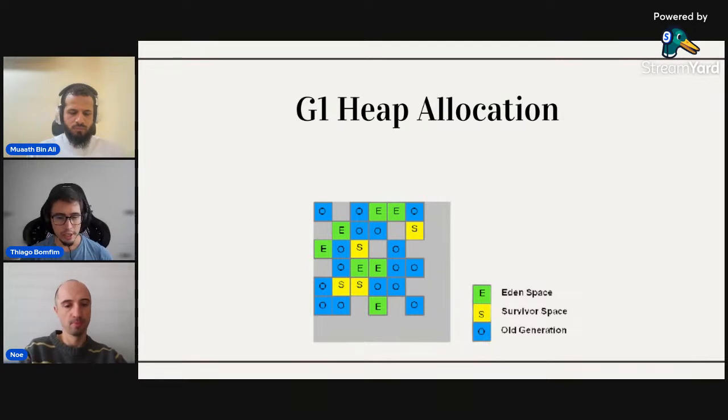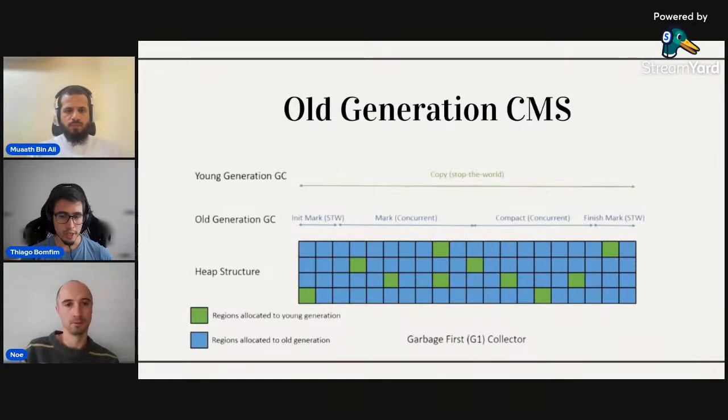And of course, when we are talking about the old generation, the garbage collector that runs through the old generation is also different, okay? Sorry about that. The slide is wrong. Here it's the old generation for G1, okay? This is the old generation for G1, as you can see below, garbage first G1 collector. So G1 works differently when you're talking about the major GC or the GC for the old generation.